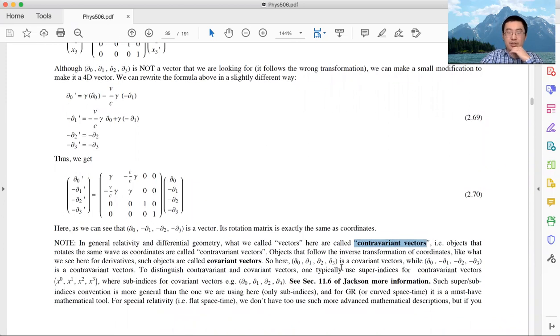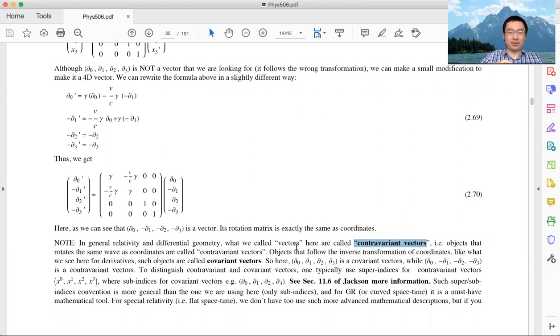So in our course, we will not carefully distinguish these two. If you want to learn special relativity, it's important knowledge, an important convention, to distinguish them. Sorry, this is exactly opposite to what I want to say. Sorry for that. In our course, because we are studying special relativity, we don't have to carefully distinguish them.